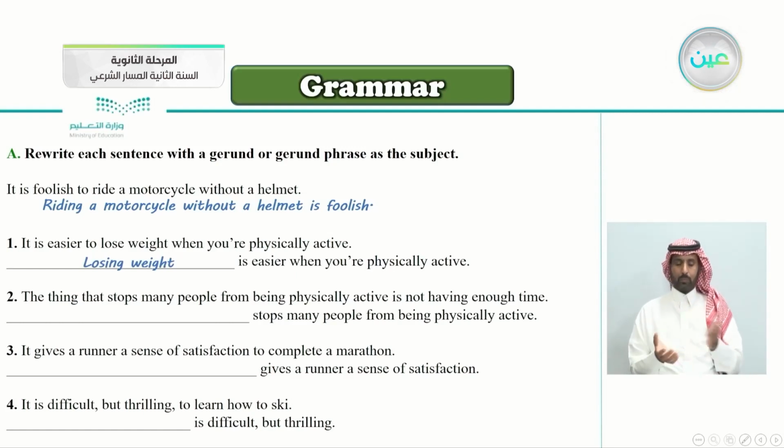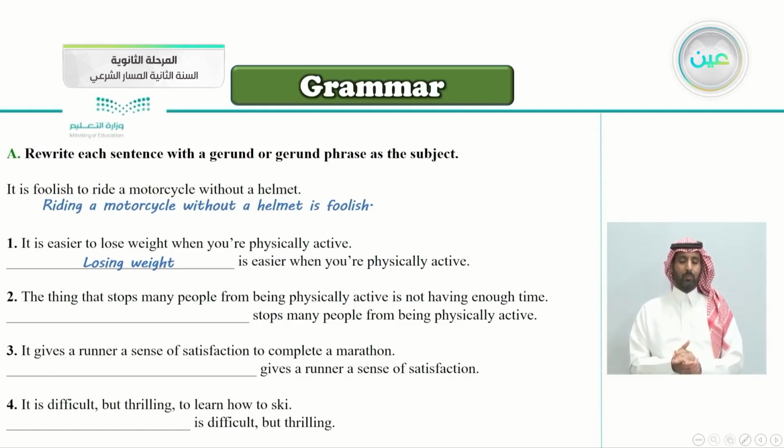Number two, the thing that stops many people from being physically active is not having enough time. You have to write a gerund here and then continue with "stops many people from being physically active."